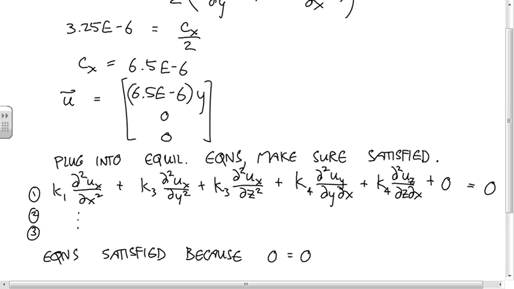Okay, so how are we going to do that? Well, down at the bottom, the boundary condition says that every point along that bottom has to have a displacement of 0, 0, 0, right?